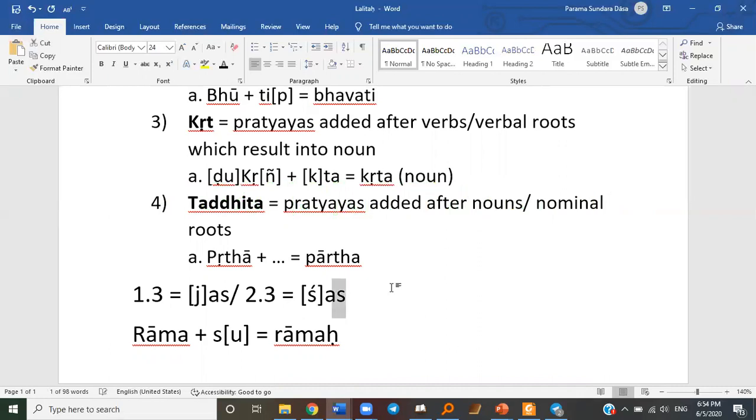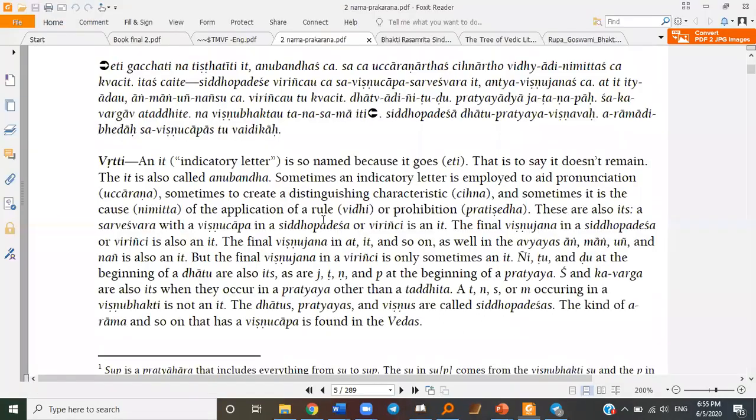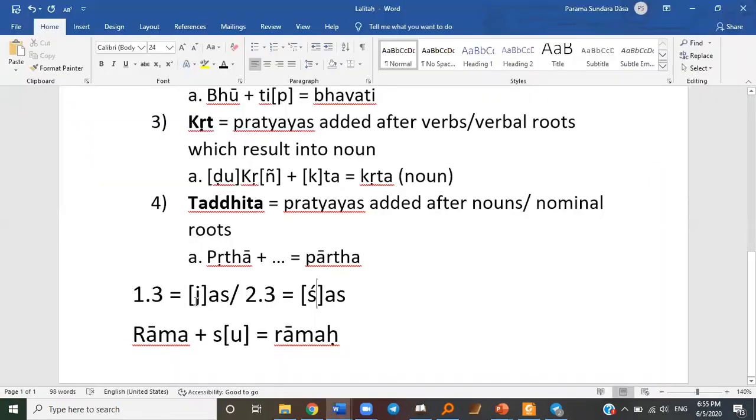So us is the same in both, and ja and sha are deleted, but us remains. If there was no ja and no sha, it would have been difficult to recognize which is 1.3 and which is 2.3. So to create a distinguishing characteristic, we have ja here and sha here. This is the second reason.